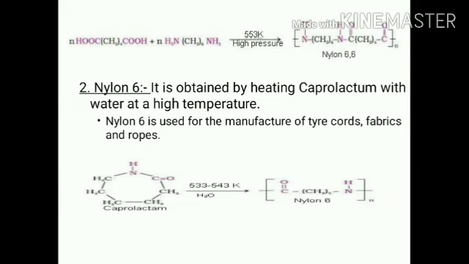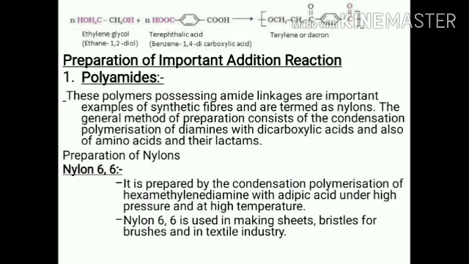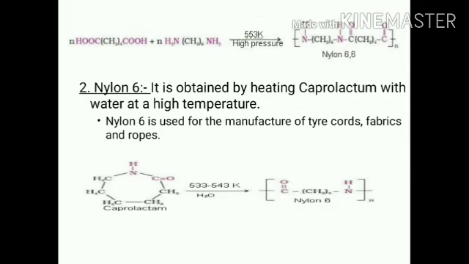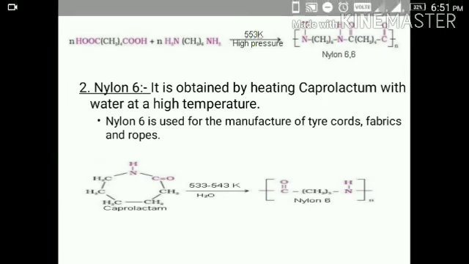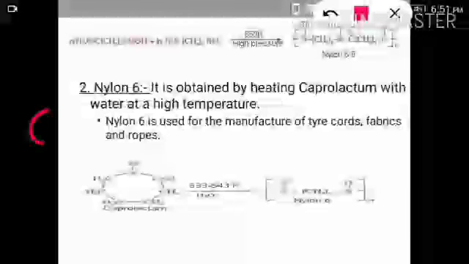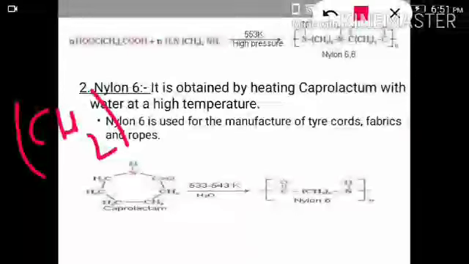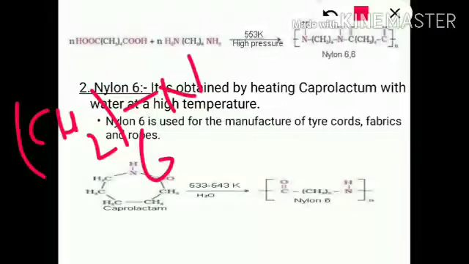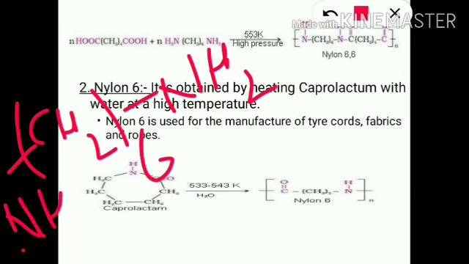This is the formula: hexamethylene diamine and adipic acid.